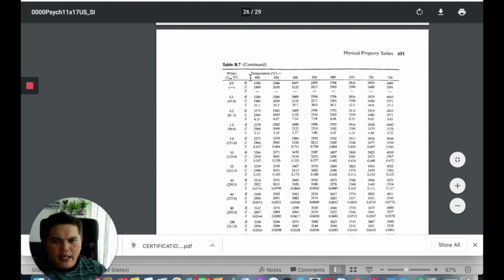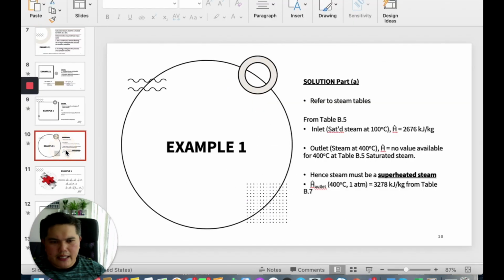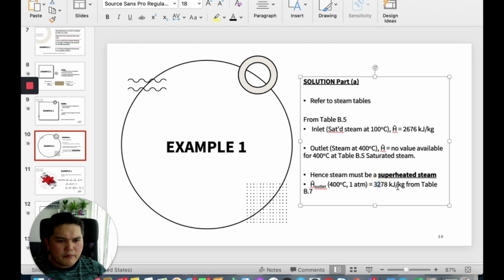Now you find the temperature at 400 degrees Celsius and the pressure at 1 bar. 1 atmospheric pressure is equivalent to 1 bar. Then you know that the H value, specific enthalpy, is 3278. If you look at this problem, you highlight 3278 kilojoule per kilogram from table B7.